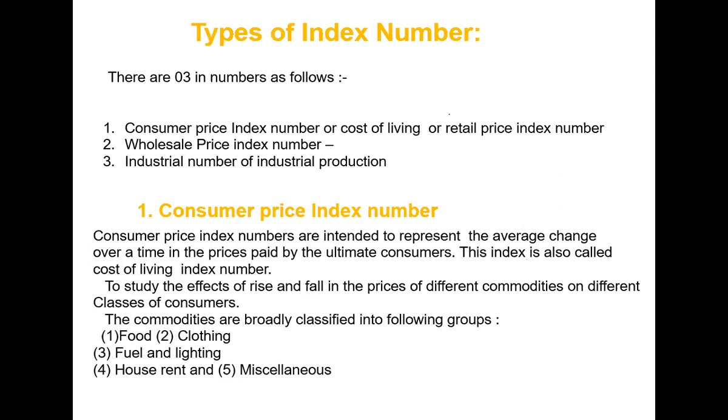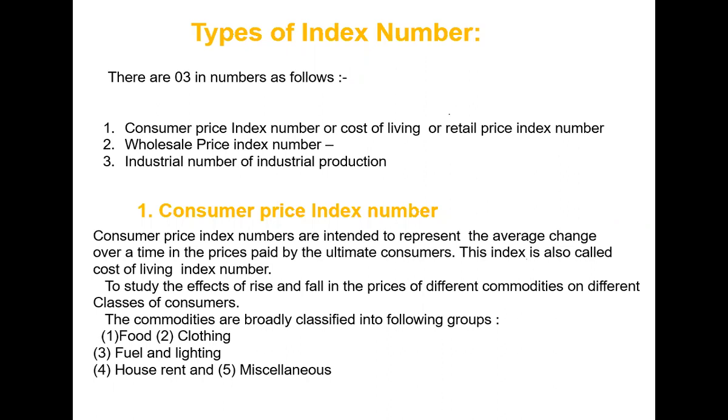Now, the next thing we want to talk about is the various types of index numbers, which are usually computed to make decisions, right? In Ghana, we have the CPI, we have the PPI, we have the industrial and the wholesale price index. So we want to look at the CPI.